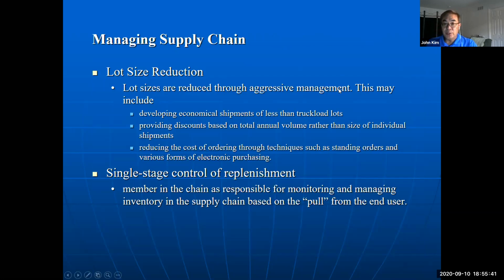Managing supply chains, using different strategies, and then they use different methods or concepts and so on.